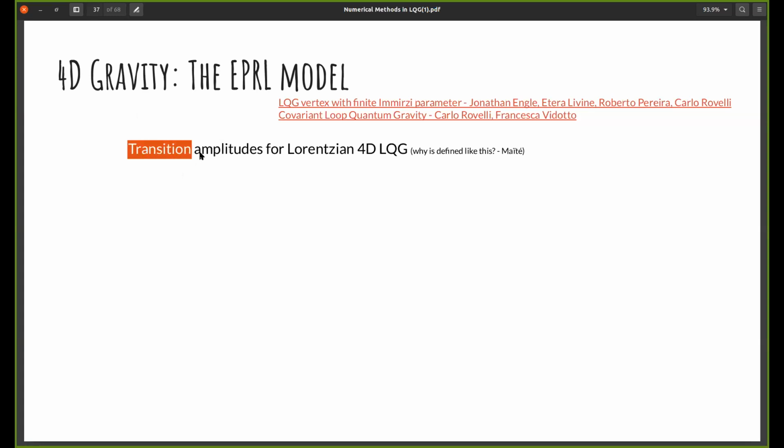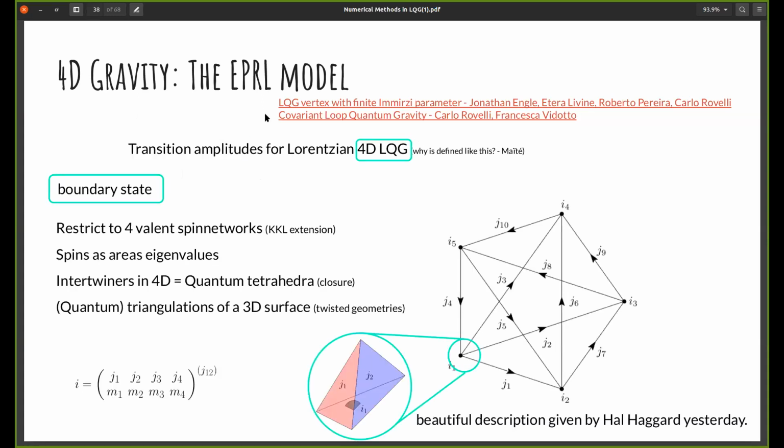The Imperial model defines transition amplitudes for Lorentzian 4D loop quantum gravity. What do I mean by 4D loop quantum gravity? I mean that the boundary states of these transition amplitudes are 4D loop quantum gravity states, the usual ones. In particular, I will restrict myself, and the original formulation also restricts, to 4-valent spin networks.